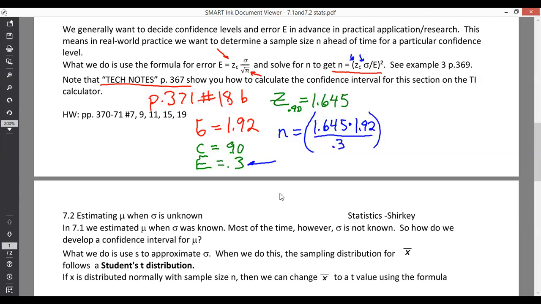And we'll put that in parentheses and square it. And I'm just going to go by the answer that's in my book here. You round off to the nearest whole number, okay? So this turns out to be 111. And even on your graphing calculator or whatever calculator you're using, if that was 110.1, that 0.1 would make you have to round up to 111. If there's anything behind a decimal point like that, unless it's the exact value, you're going to want to round it up. Any questions on that?